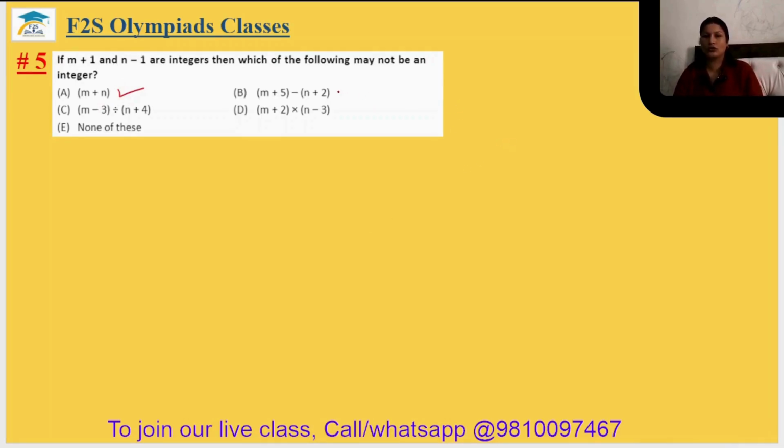Subtraction also follows the closure property. But division does not follow the closure property in integers. What is the closure property? Closure property means when we add two integers, the answer will be an integer only. But when we divide two integers, there may be a rational number. So the fifth answer will be C.